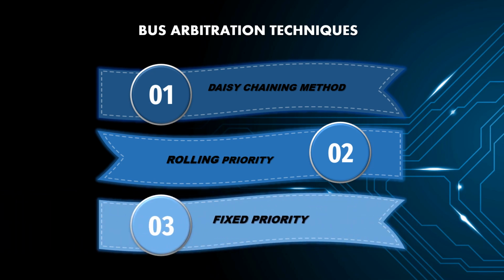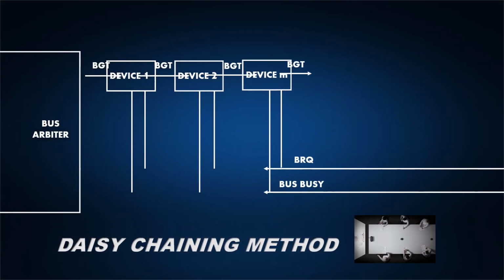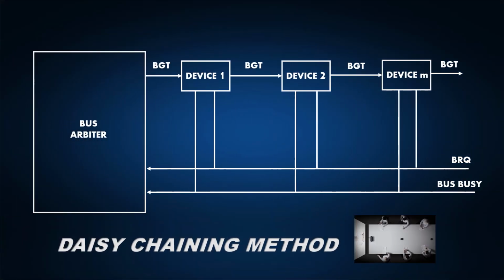Now let us discuss what is daisy chaining method. Daisy chaining method is a method in which the bus grant signal serially propagates through each master until it encounters the first one that is requesting access to the bus.